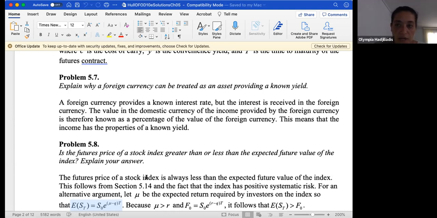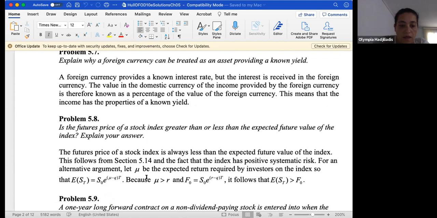The question is asking, is the futures price of a stock index greater than or less than the expected future value of the index? Explain your answer. So the futures price of a stock index is always less than the expected future value of the index. This follows from section 5.14 and the fact that the index has positive systematic risk.